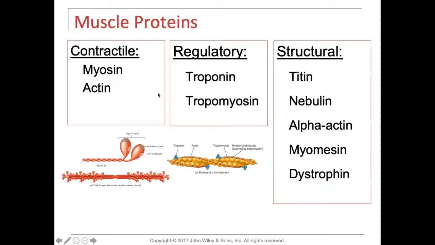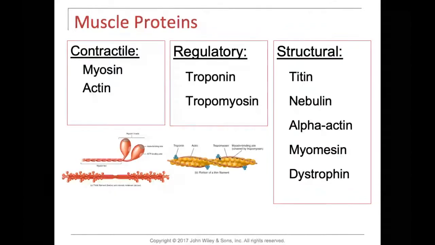Okay, so these are really important. Now, what do you think is going to be the staple remover? It is a mineral called calcium. So calcium is involved in removing the troponin, or the staple, so that the tropomyosin shifts.